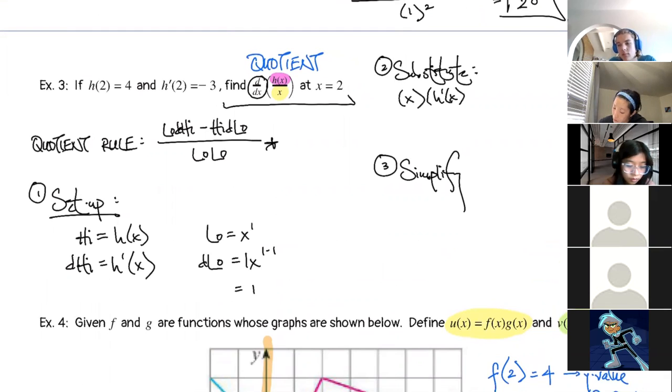I know I don't know what that is yet, but I'm going to write it anyway. Minus high, which is h of x, times d low, which is 1, all over low, or x squared.